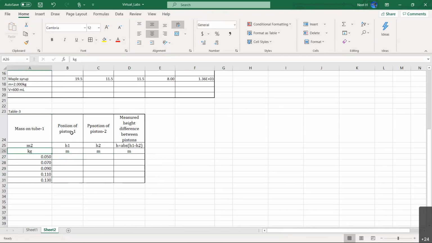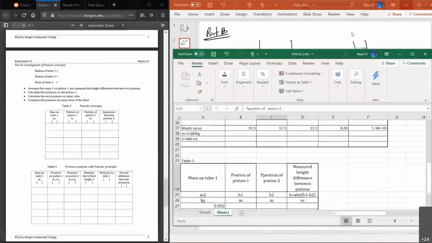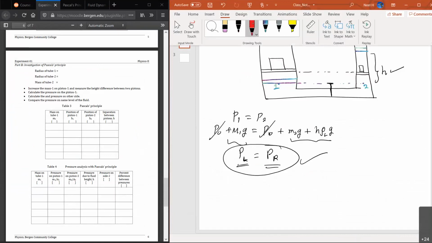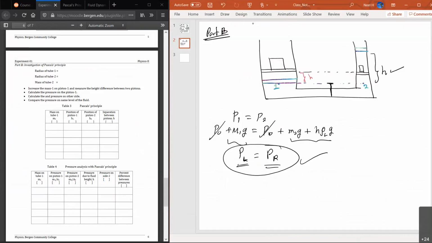Then I have to read the position of H1 and position of H2, but I'm not interested in any of those. What we're interested in is the separation between the pistons, right? This H technically equals this H1 part right here plus this H2 part right here, so the large H is equal to H1 plus H2.